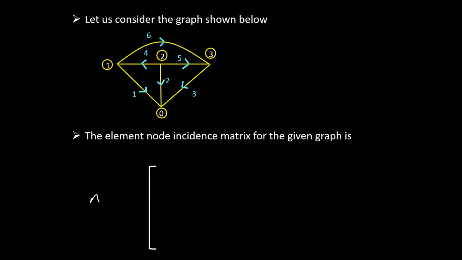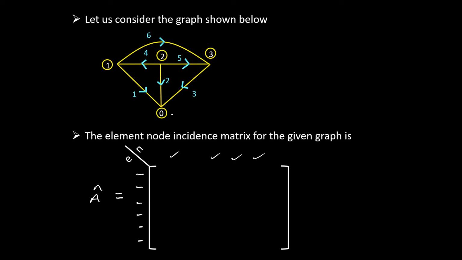So let us represent this as a matrix A cap, which is the element node incidence matrix that we are going to form between the number of elements and the number of nodes. The rows represent the number of elements and the columns represent the number of nodes. How many nodes do we have here?